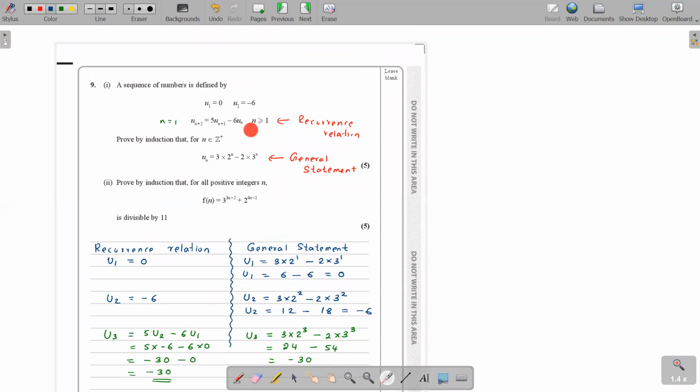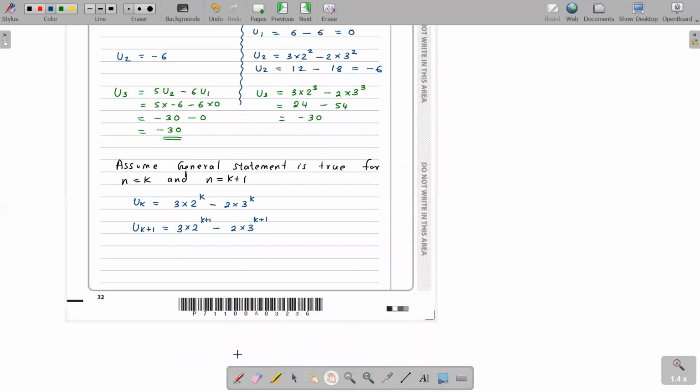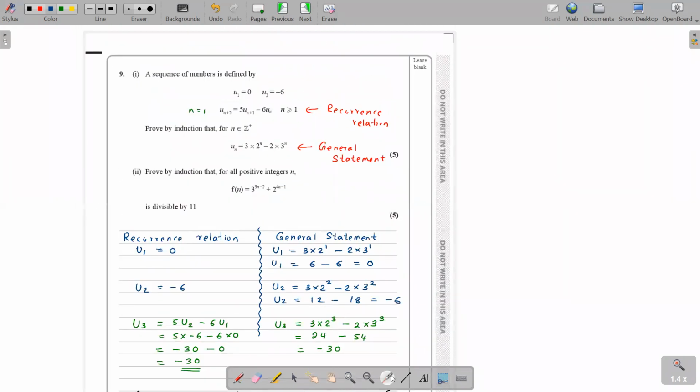Okay, so let's go with the recurrence. Get the k plus 2 term from the recurrence relation. Is it difficult to get the k plus 2 term from the recurrence? All you have to do is replace the n with k, because you can see when n is k, we get k plus 2. u_{k+2} means the k plus 2 term, right?